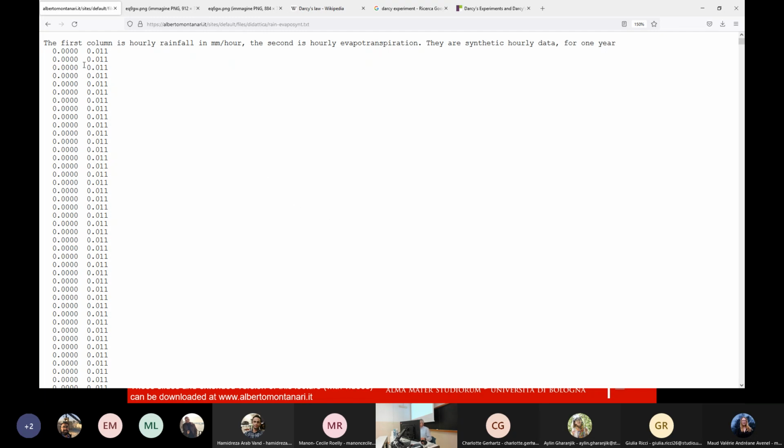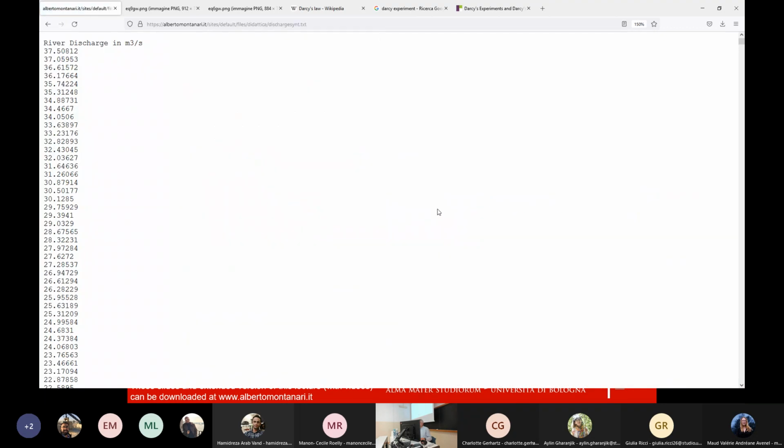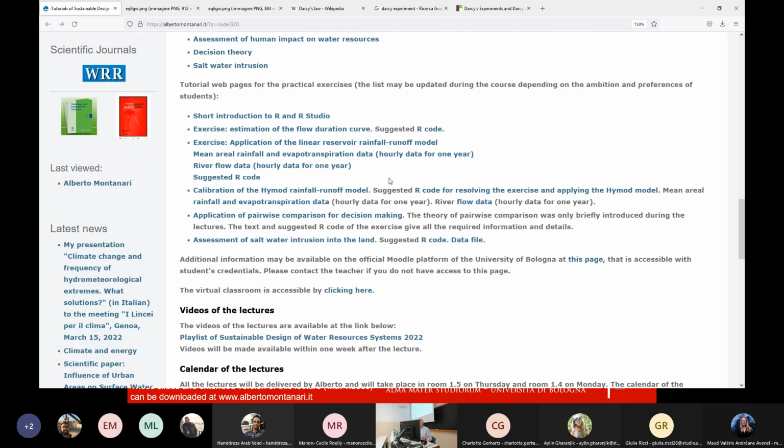But before uploading, let's look at the second data set. River flow data. River discharge in cubic meters per second, and they are hourly data, where it is specified that they are hourly in the website. If you go back here, you see hourly data for 1 year.